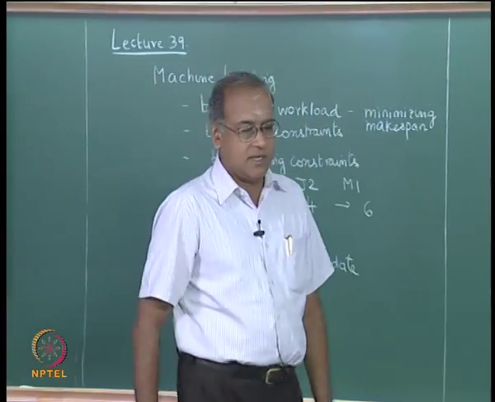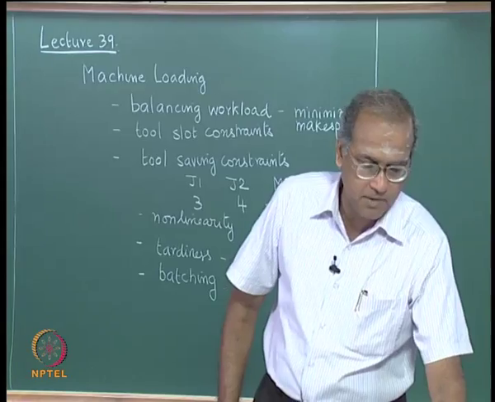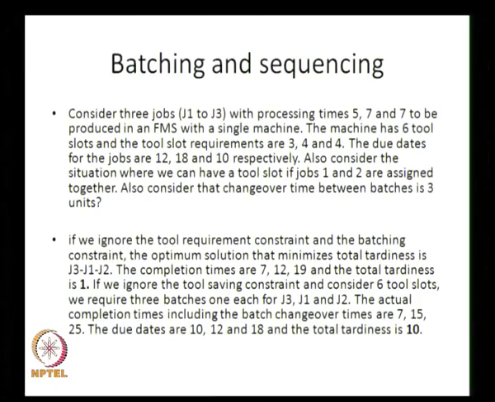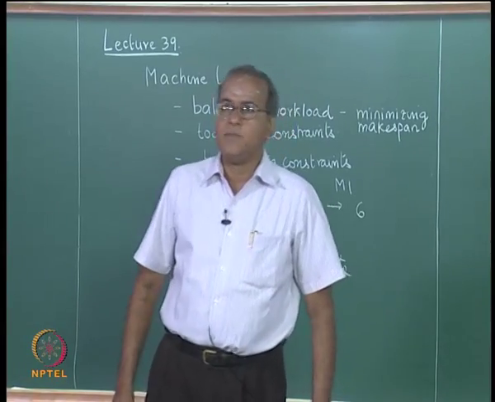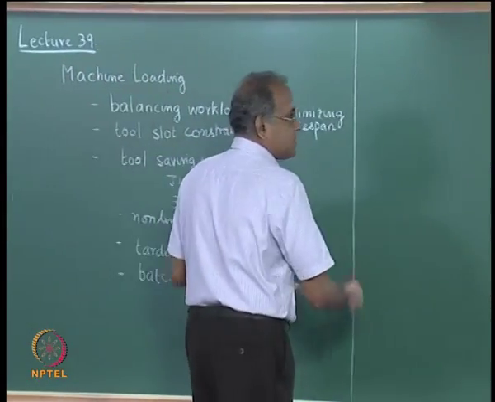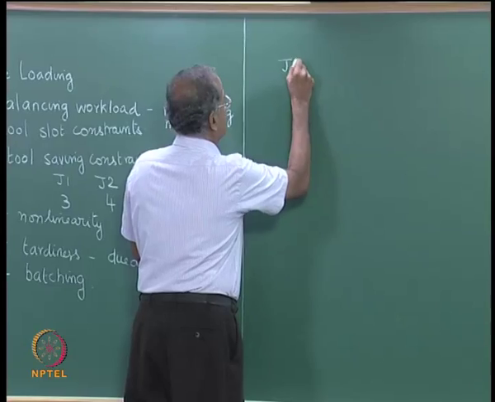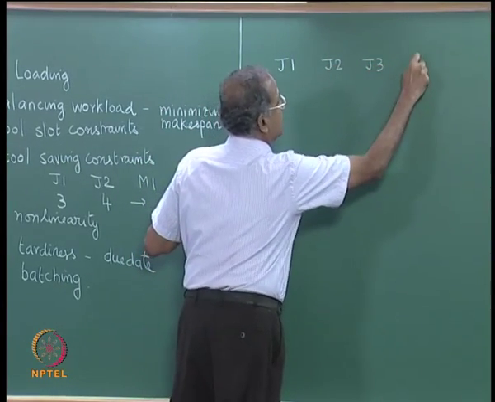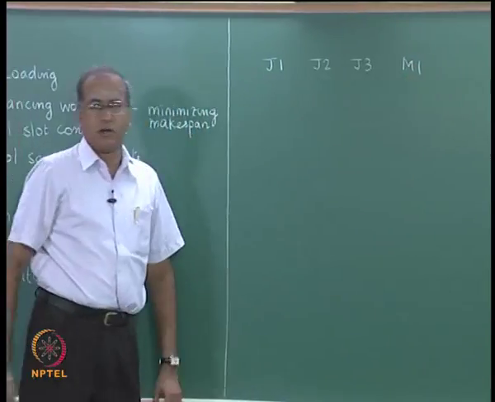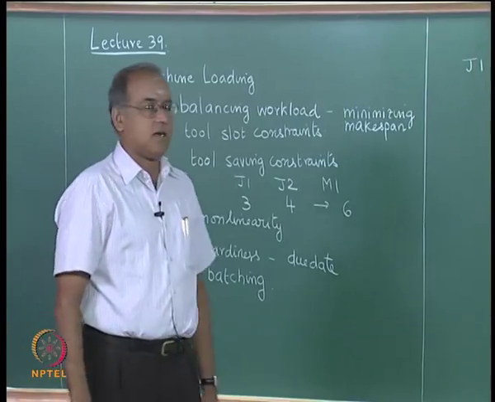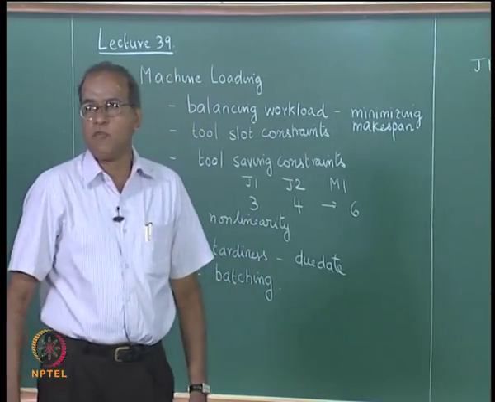So, let us look at this with a very simple example to understand the effect of tool slot saving on objectives such as makespan and tardiness. So, we consider 3 jobs J1, J2 and J3, and we consider a single machine which is M1. So, there is no machine loading problem because all the jobs will go to machine M1.